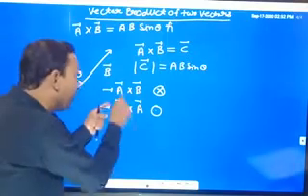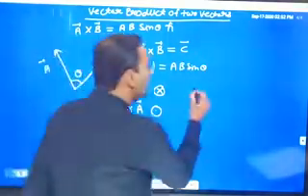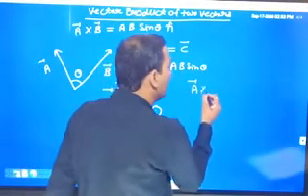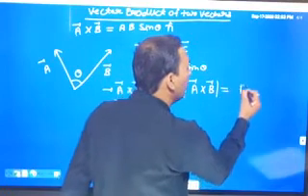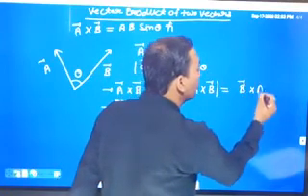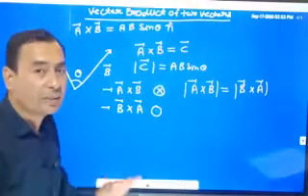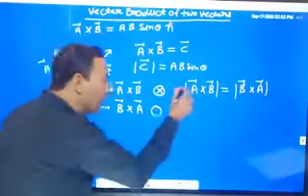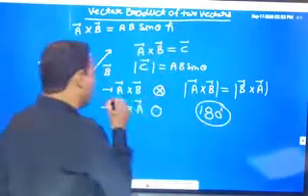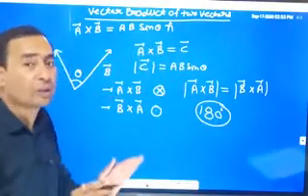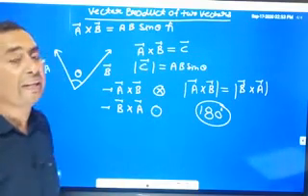So a vector cross b vector has the same magnitude as b vector cross a vector, but the directions are not the same and the angle between them is 180 degrees.